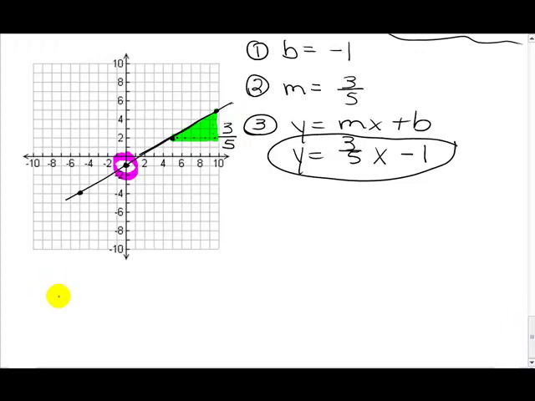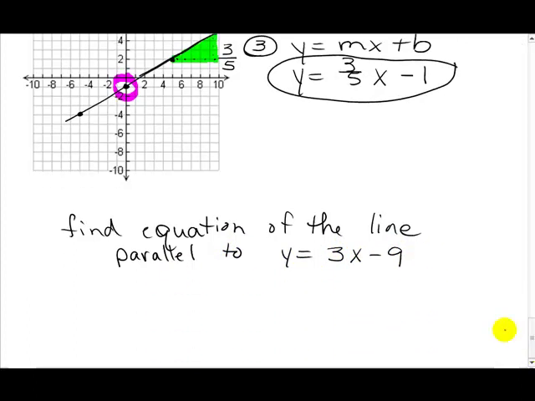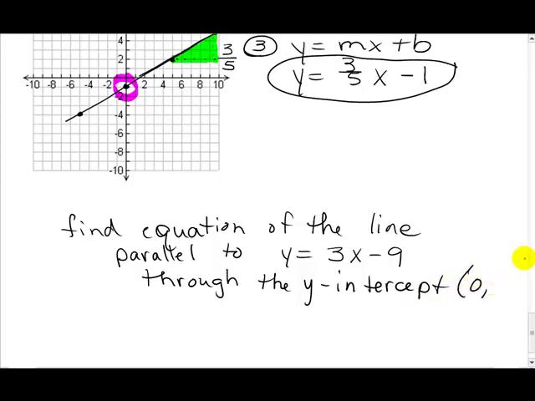perhaps I have a problem that says, okay, here's the problem we want to work on.